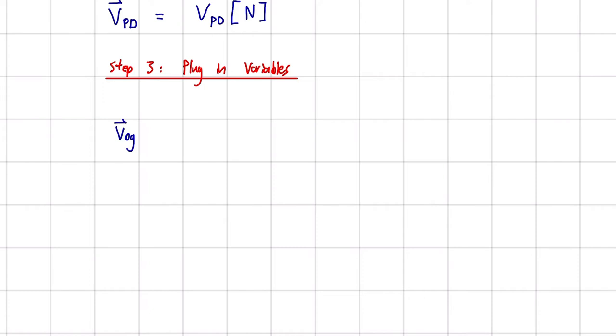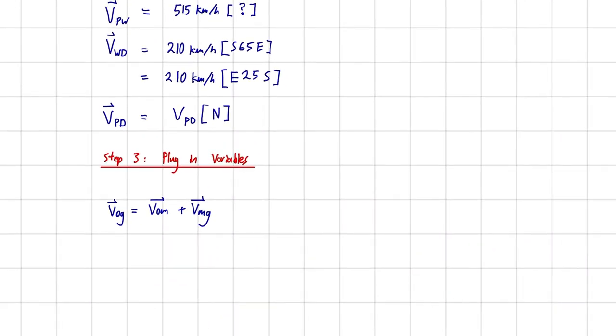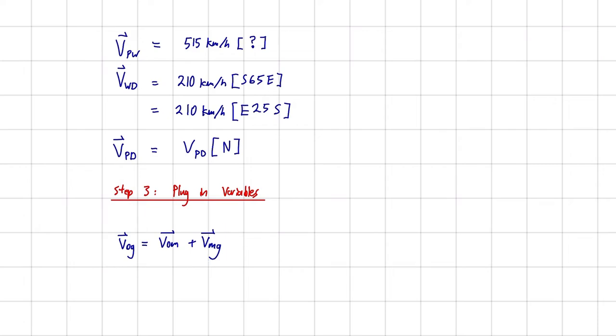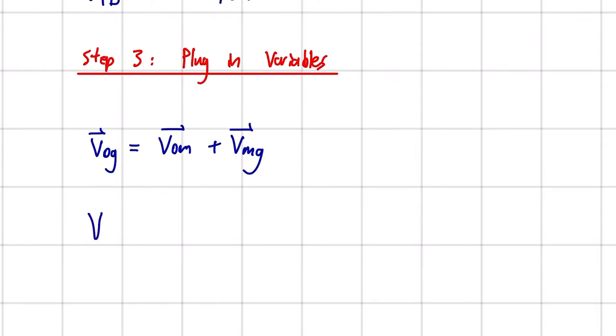So velocity of object relative to the ground is equal to the velocity of object relative to the median plus median to ground. So what we're going to do is rewrite this equation, but with our variables. So the object to ground, well, that is our plane relative to the destination. And then for our object to median, well, that's going to be the plane relative to the wind. And then the wind relative to the destination.